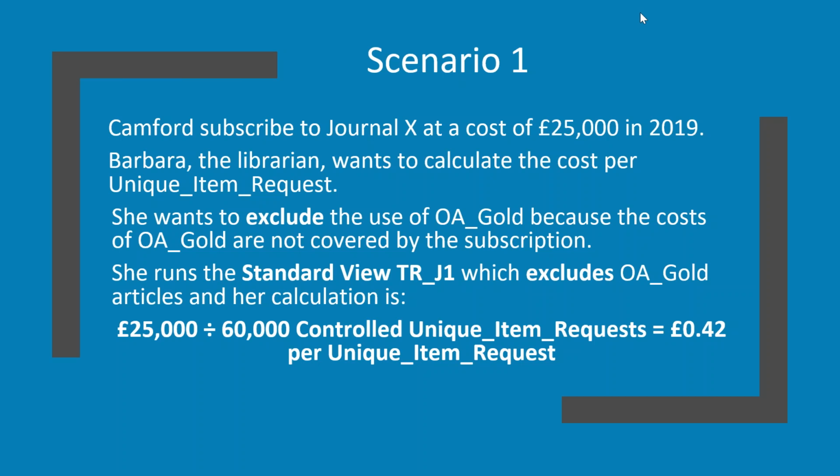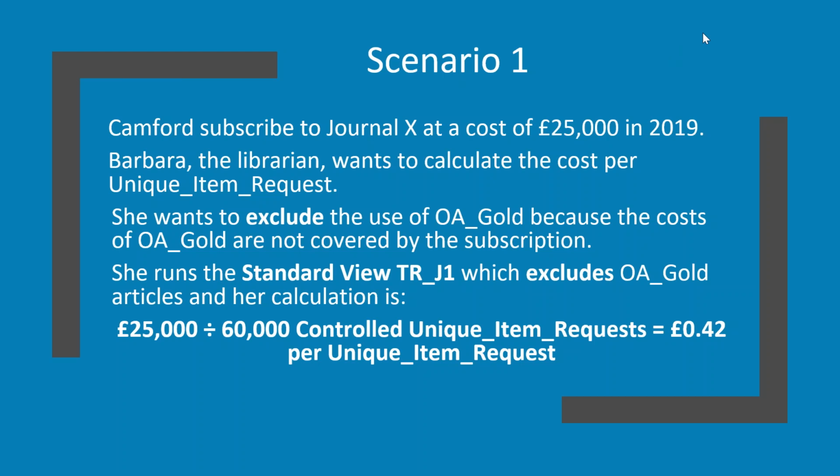So I have a couple of scenarios to talk through here with you. As Paula has just said, very often a librarian will want to exclude the use of OA Gold because they want to calculate cost per use based on just the articles which are covered by their subscription, and they want to exclude the OA Gold article usage.